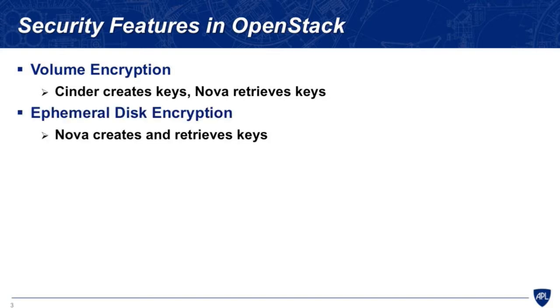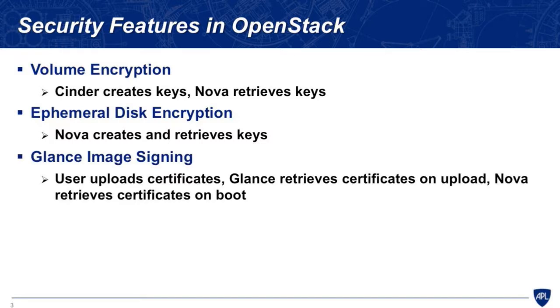For ephemeral disk encryption, Nova will request that the key manager creates the keys and will retrieve the keys while it's booting the instance. For Glance image signing, the user will generate a certificate and store that in the key manager. And then Glance and Nova will retrieve that certificate and use it to validate that the image hasn't been tampered with.